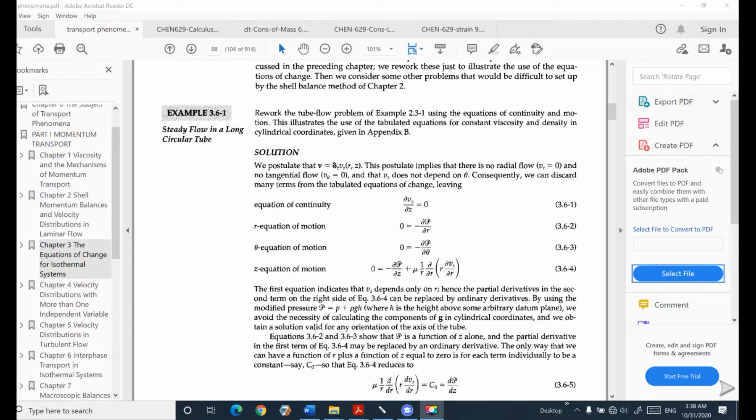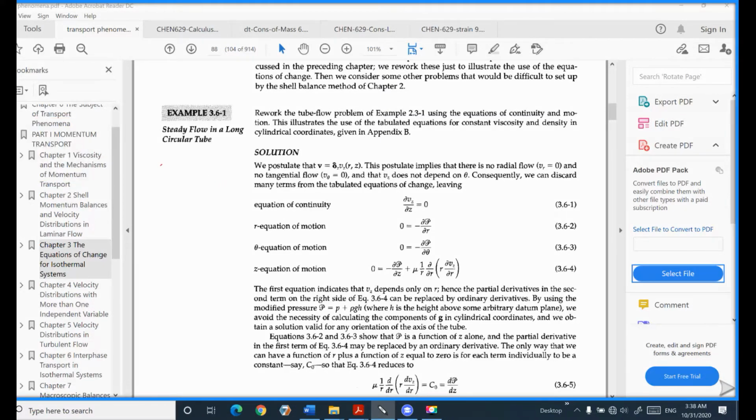If you want to remember the problem we deal with here, we have a circular tube, and the length of the circular tube is L. This is the center of the tube here, and the flow is going from down like this, and the radius of the tube is r.